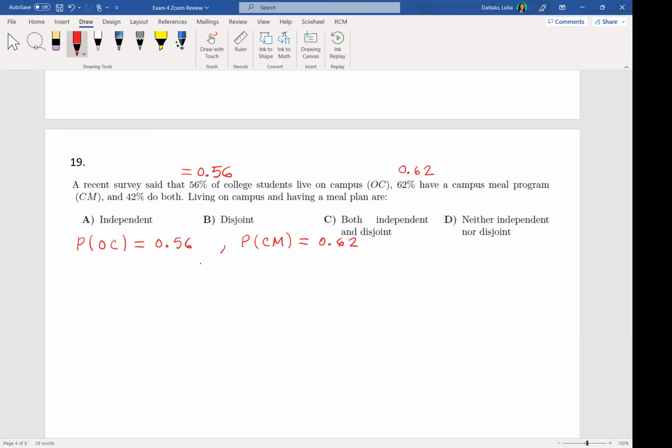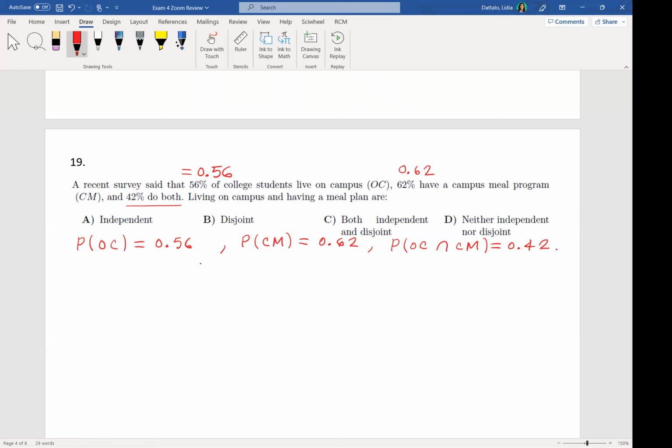And 42% say they do both, meaning that the probability that they live on campus and have a campus meal program is 0.42. We need to check to see if these events are independent, disjoint, both independent and disjoint, or neither.